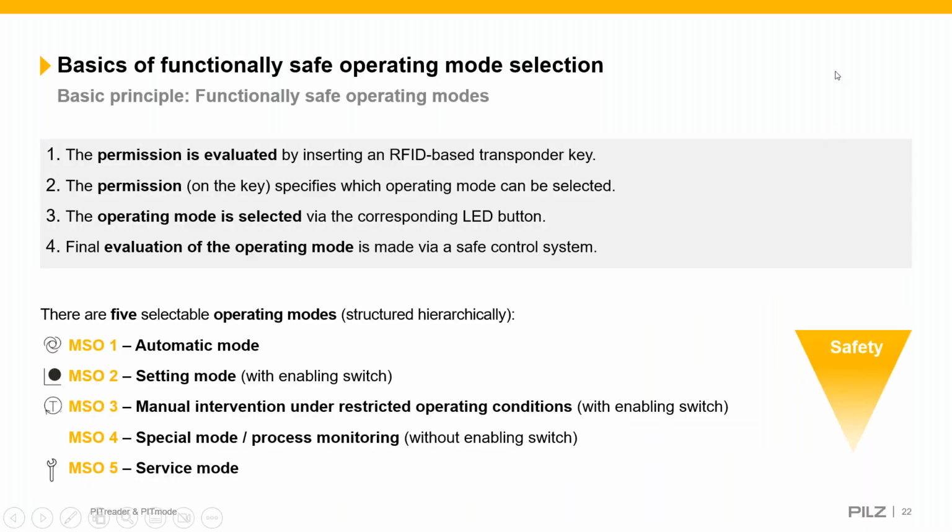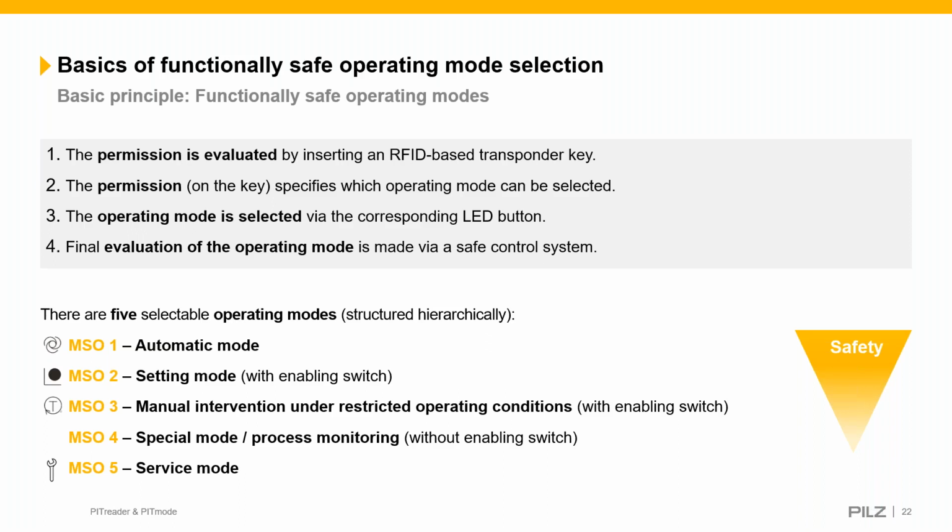So the basic principles are: the permission is evaluated by inserting an RFID-based transponder key. The permissions on the key specify which operating mode can be selected. The operating mode is selected via the corresponding LED button, and the final evaluation of the operating mode is made via a safe control system.